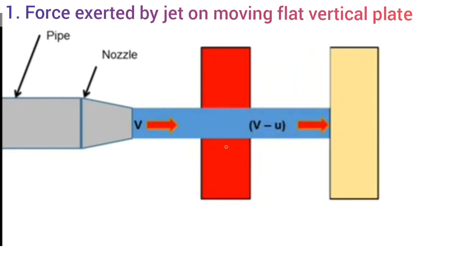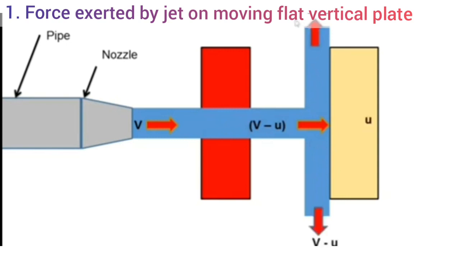Since the plate has moved, the jet strikes this moving plate with a velocity v minus u, which is nothing but relative velocity. Then the jet gets deflected by 90 degrees and it leaves this flat plate with a velocity equal to v minus u. So this v minus u is nothing but relative velocity.